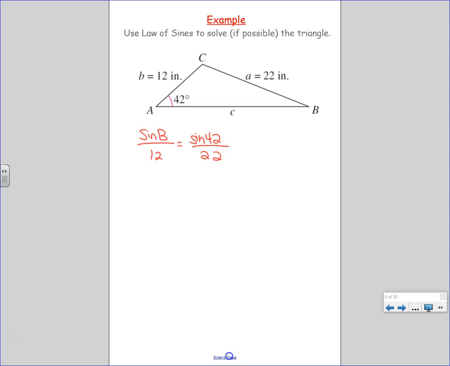You guys get why I set it up like that? Here's my unknown, angle B, so I put him on top. This makes it easier, because I only need to do one thing to get sine of B alone. What's my next step? Good, multiply. Get rid of that division.